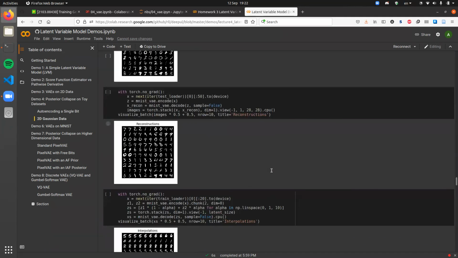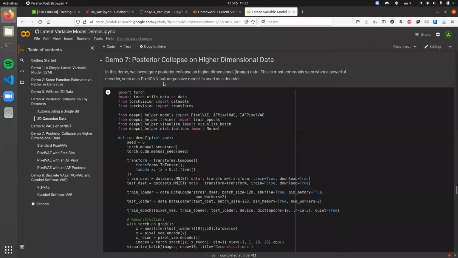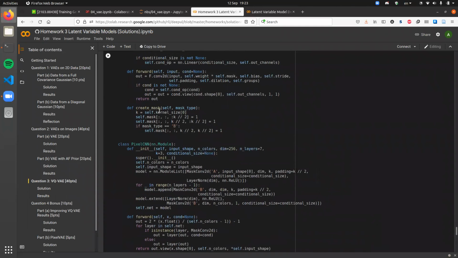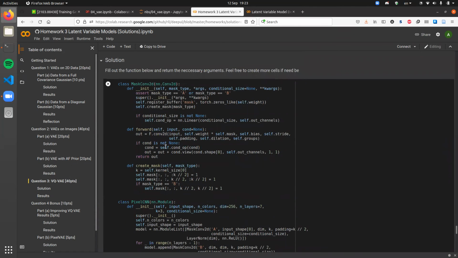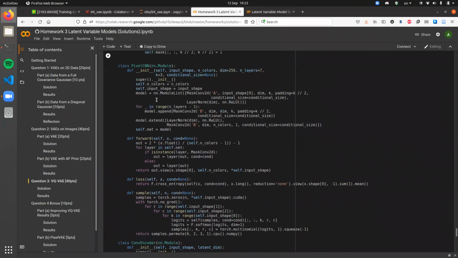In the Colab, they had a bunch of experiments. So we are using a model with a pixel CNN decoder, and you can look at the implementation in the homework solutions. That is one way to implement it. Basically, we use a conditional pixel CNN as a decoder, and it will be conditioned on the latent code we have here.